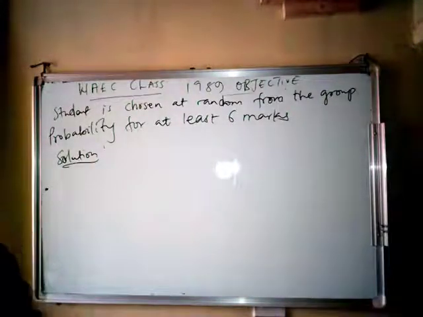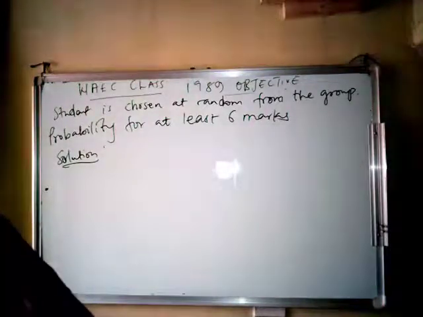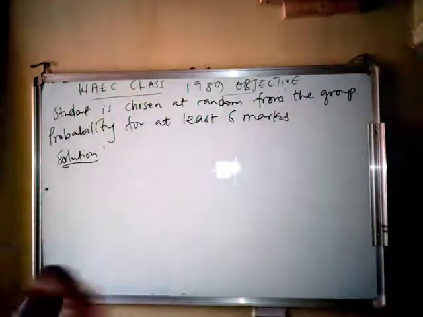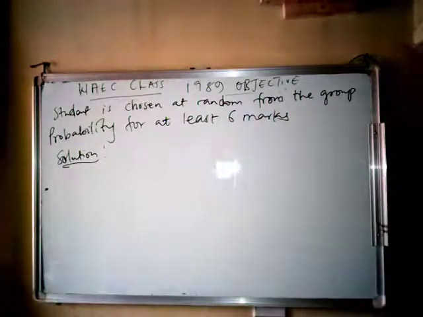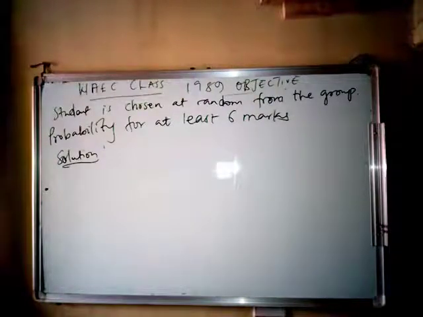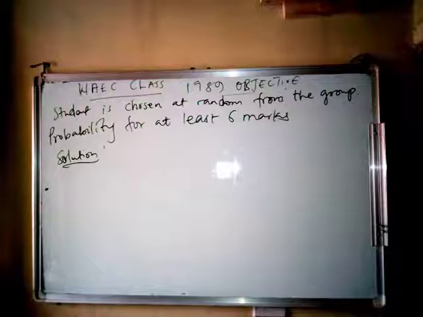Now, if you go back to that same diagram that you drew, you had a section for scores, and you had 2, 3, 4, 5, 6, 7. The number of students, you had 2, 4, 7, 2, 3, and 2. Now, if a student is chosen at random from the group, what is the probability that he scored at least 6 marks?